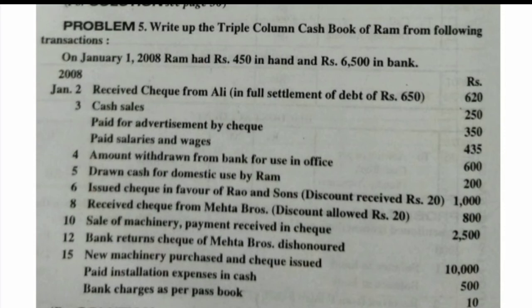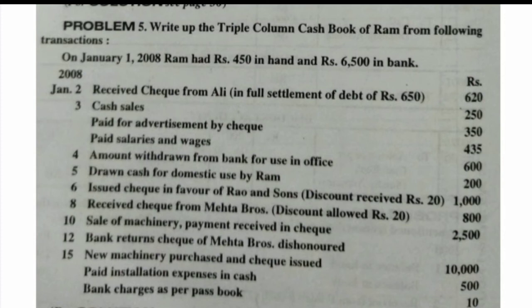So the entry would be, we are receiving the check. So we are assuming here that we have received the check and deposited the check on the same day. So the entry would be bank account debit 620 rupees, discount allowed account debit 30 rupees, to Ali, that is 650.